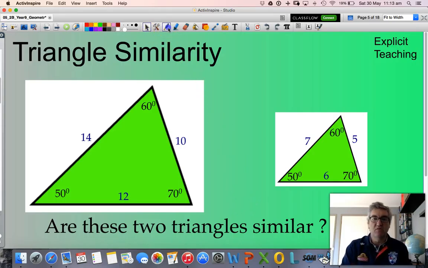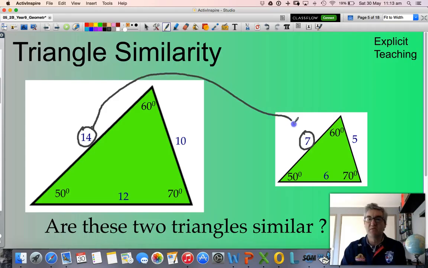So if you compare 14 with the 7, compare those two sides, think of those two sides as being corresponding. You could say that 14 divided by 2 is 7. Now, all I need for these triangles to be considered as similar, the other corresponding sides have to be divided by 2. In other words, they are of the same ratio.